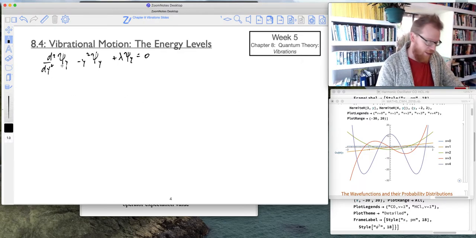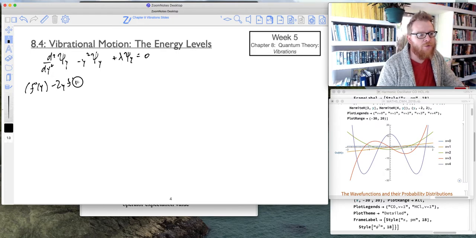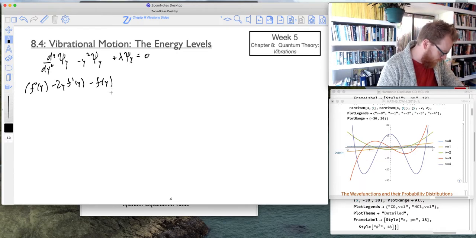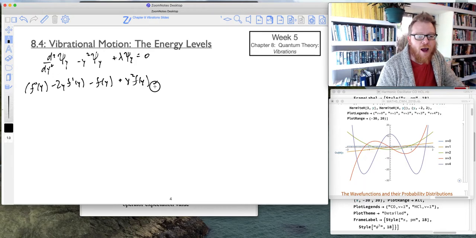Our second derivative of psi, that was the big function, is going to be f double prime of y minus 2y f prime of y minus f of y. I skipped writing a term. So this will be slightly out of order compared to the previous slide, but that's okay. Those are the two terms I wrote out of order. That's all times e to the y squared divided by 2.